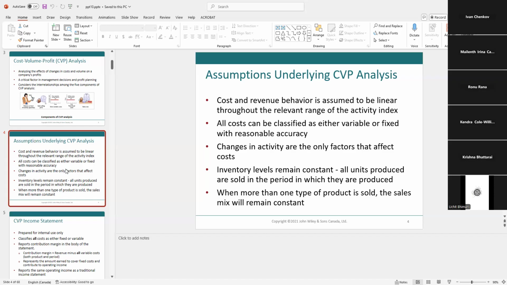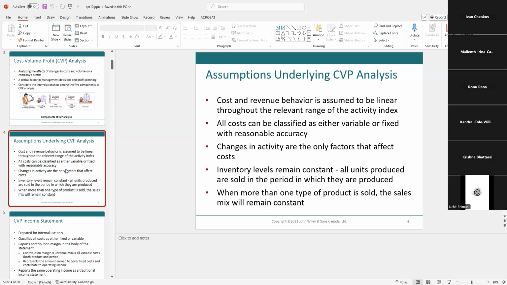That means the cost per unit stays the same, and the total cost stays the same for the variable and the fixed cost respectively. And the same thing is equally correct for the sales price. Still, sales price stays the same.